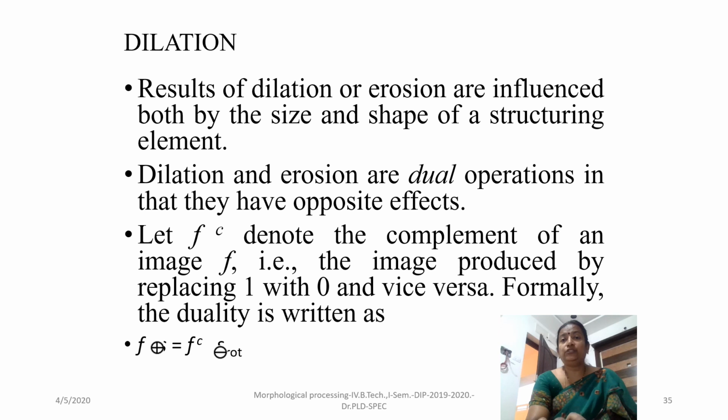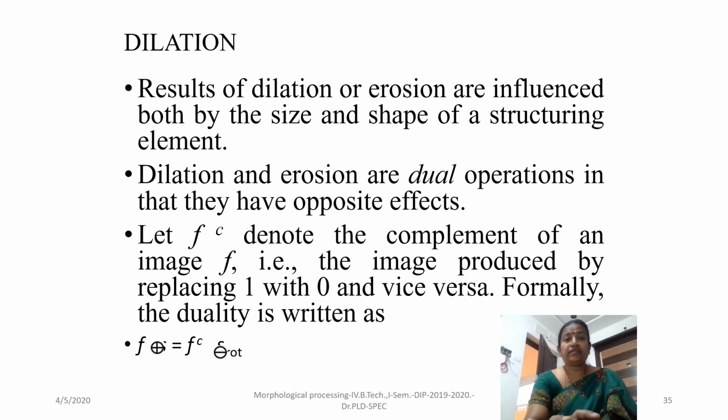Formally, the duality is written as F dilation with the structuring element S is equal to the complement of F eroded with S rotated. That is, if we take the rotation of the structuring element and do the erosion operation with the complement of the input image, that equals the dilation of input image F with the structuring element S.